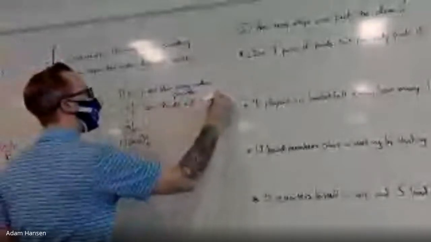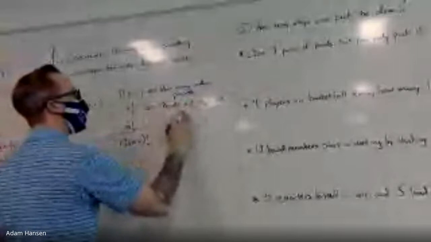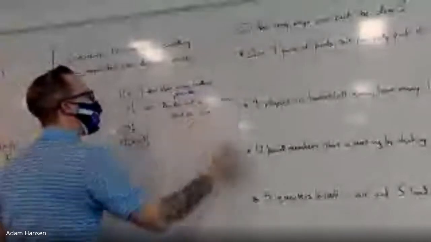So I need to divide by r factorial. I want to divide out the combinations that are the same.